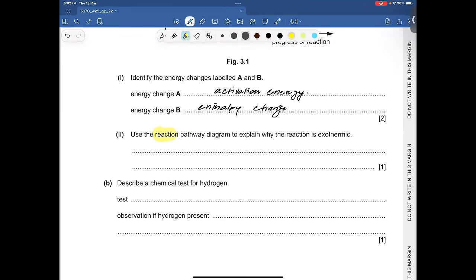Next is: use the reaction pathway diagram to explain why the reaction is exothermic. Because energy of product is lower than that of reactant.